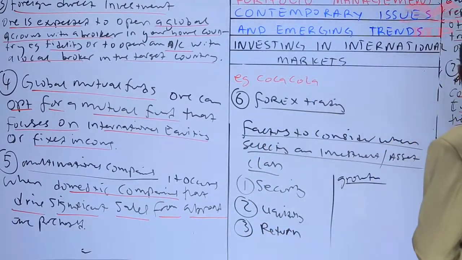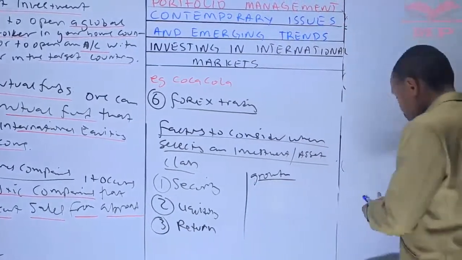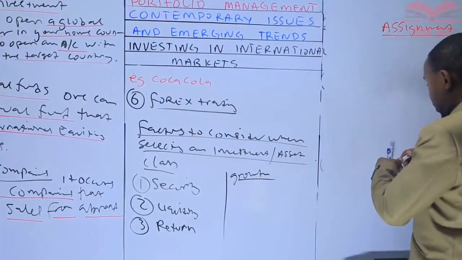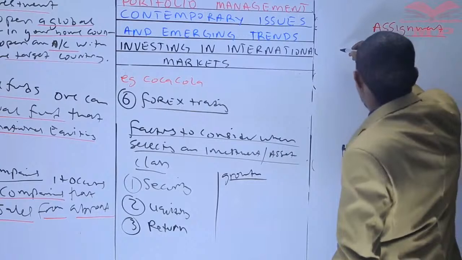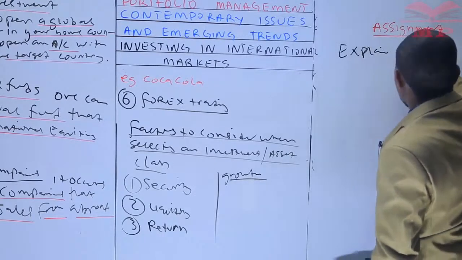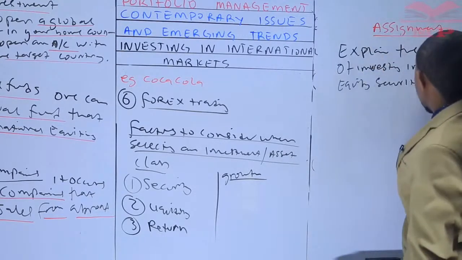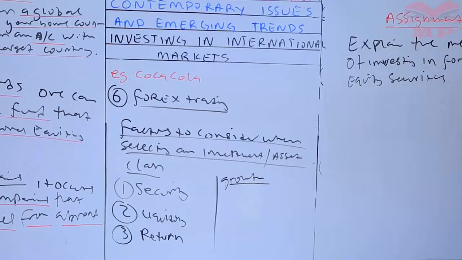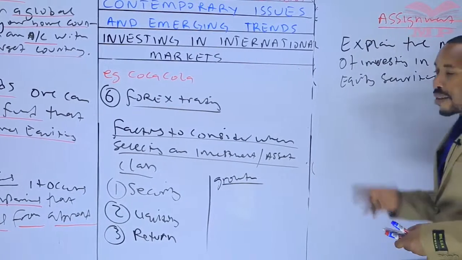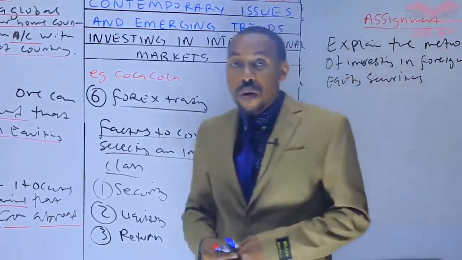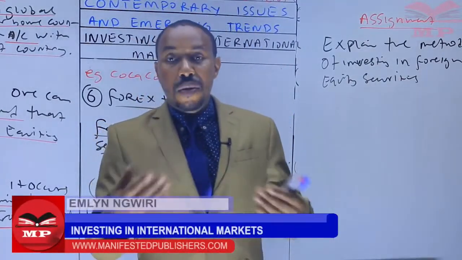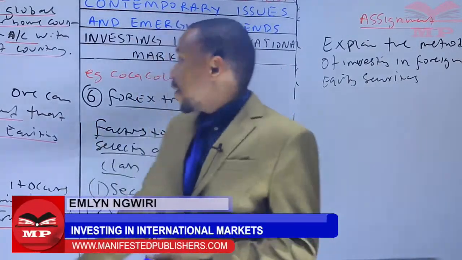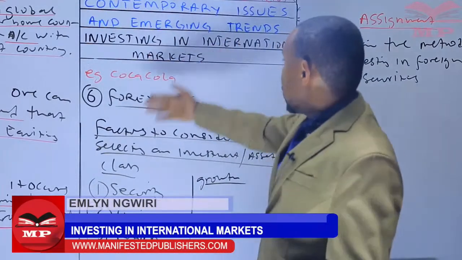The assignment that I have for you today is to explain the methods of investing in foreign equity securities. That is what I want you to go and break down and understand, so that you can comprehend this part of investing in international markets.